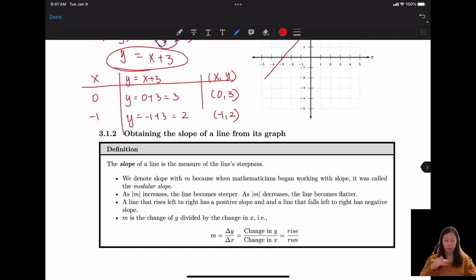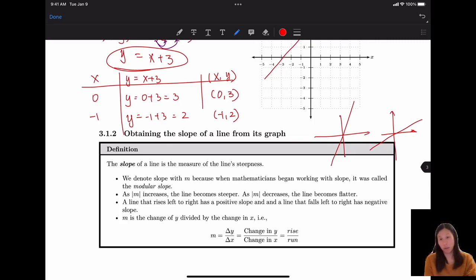Okay, so next we are going to talk about how to obtain the slope of a line from its graph. The slope of a line is the measure of its steepness. If the number is bigger, your line will be more steep. If the slope is smaller, it tends to be more flat, closer to a horizontal line.